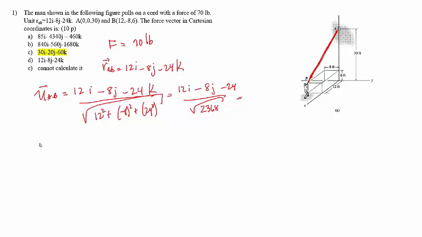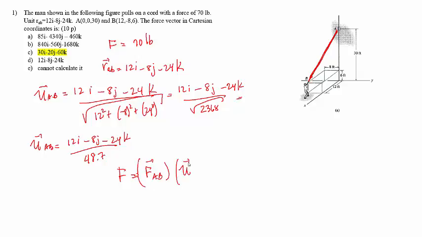So what we have is AB equals 12i minus 8j minus 24k, and this is divided by 48.7. Okay, so then the force in this case is the force from A to B, and then I multiply times the unit vector.